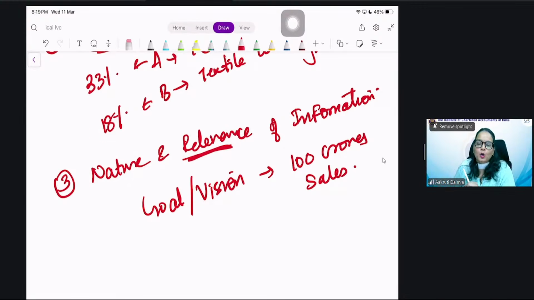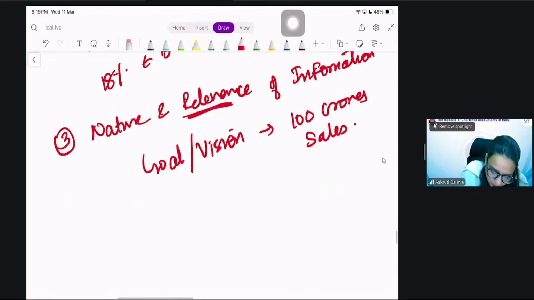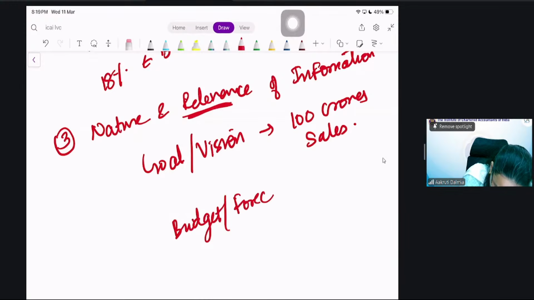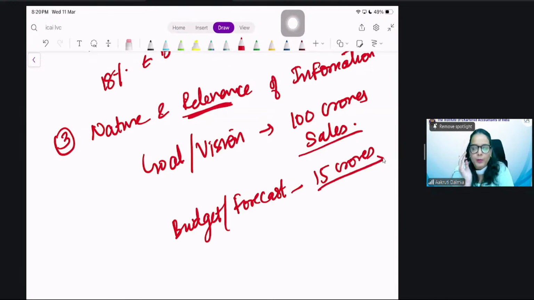Company has created a goal of 100 crore sales. But there is a budget forecast that says the sale as per the previous pattern, it will be 15 crores. Which is a more reliable data for me to use as an auditor? Which is the more relevant data, budget and forecast or goals of the company?